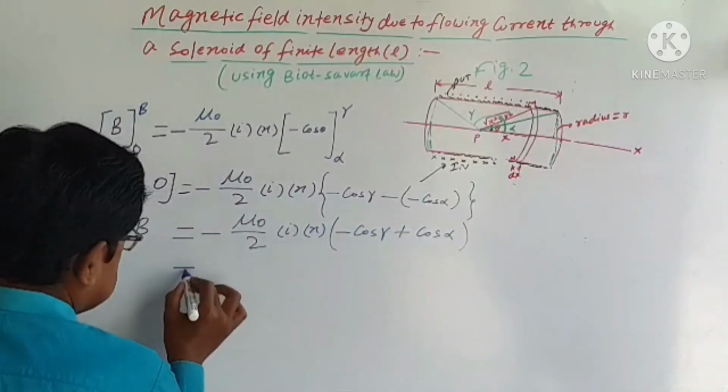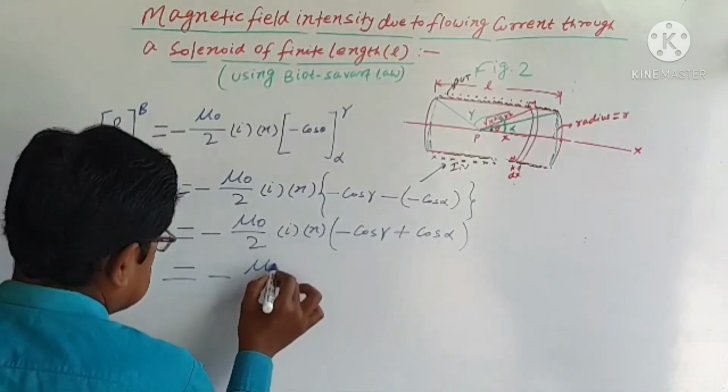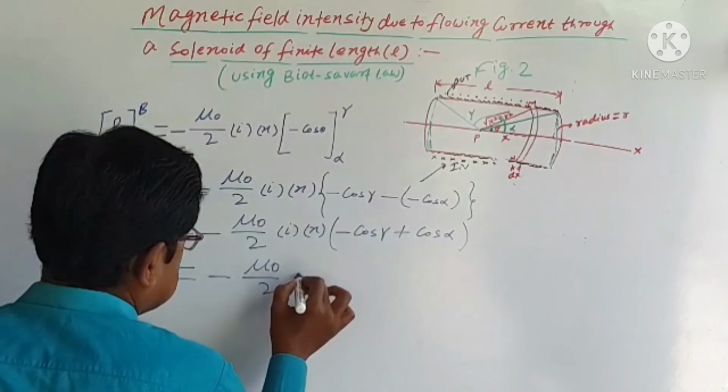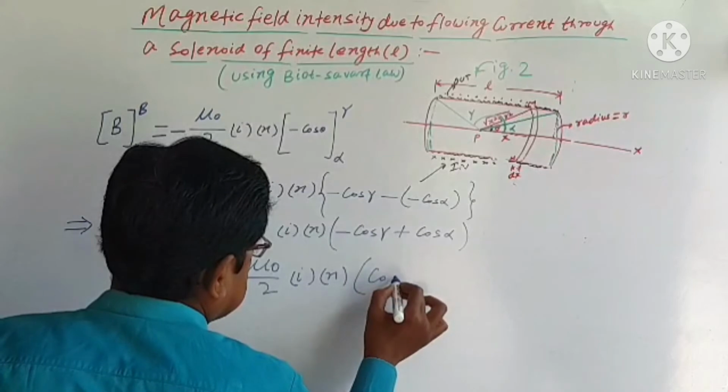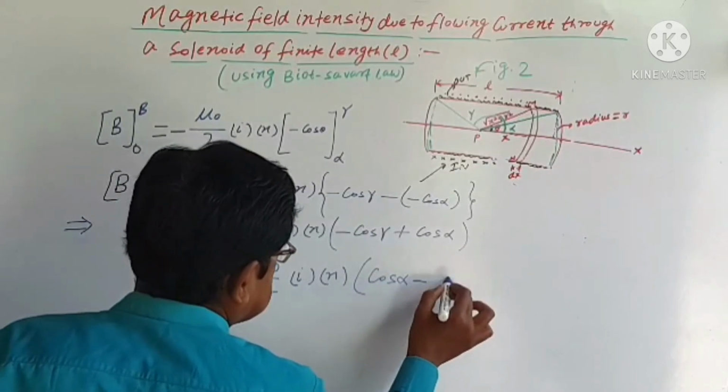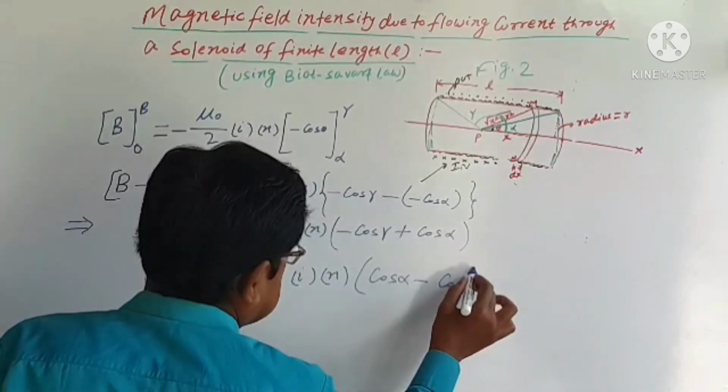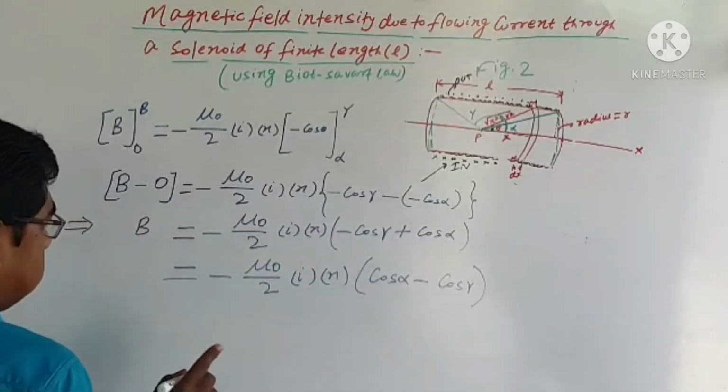It is written as minus mu naught upon 2 I n times cosine of alpha minus cosine of gamma. Okay.